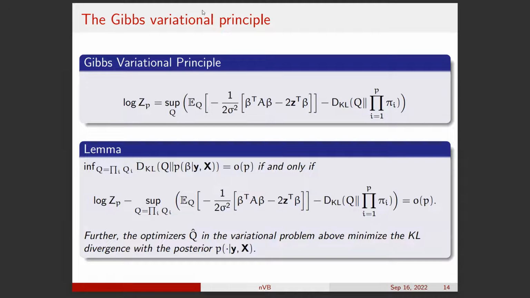So these two problems are in one-to-one correspondence with each other. If I solve this variational problem, I also get an approximate optimizer here. So if I know my posterior distribution is approximately naive mean field, I should try to solve this supremum problem. And if I had enough computational resources to get the Q hat, which is a global optimizer, let's say, then this Q hat would be a good product approximation to the posterior. That's why I care about this representation.